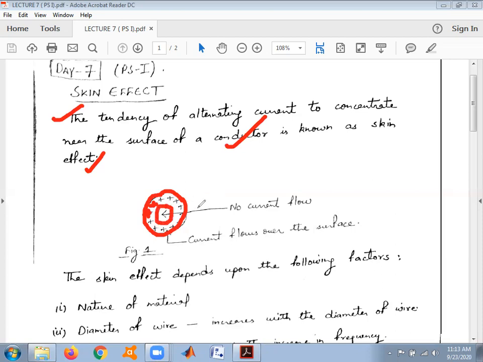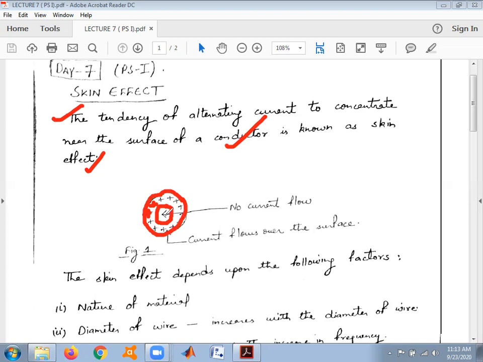Because of the inductance of the various strands, the inner strands offer high inductance as compared to the outer strands, because more flux links with the inner strands than the outer strands of the conductor. Due to the increased flux linkages in the inner strands, the current will always follow the path of low resistance.